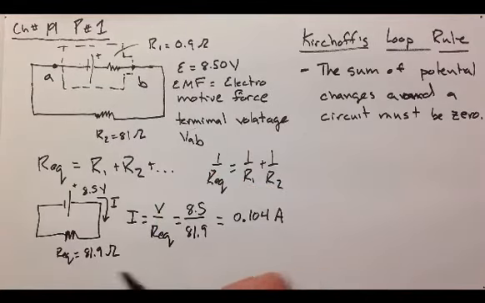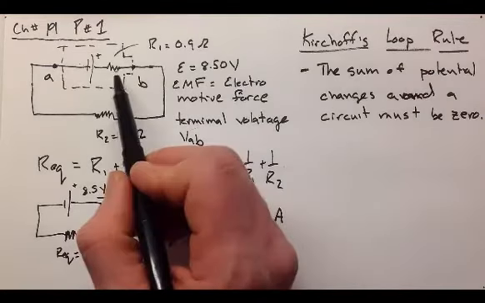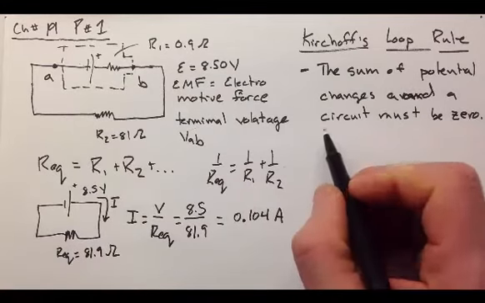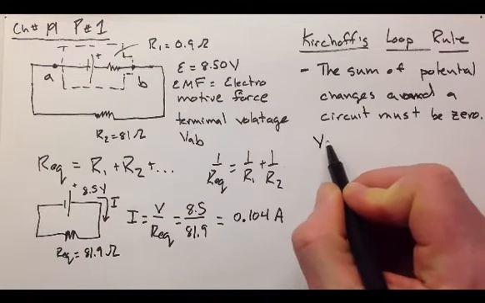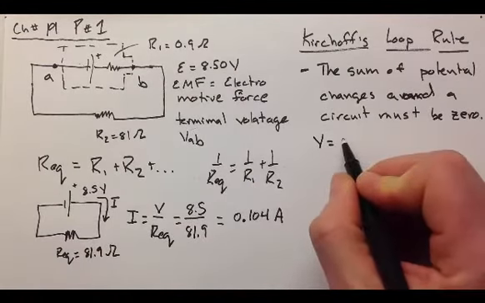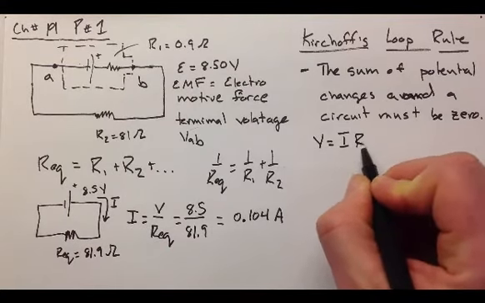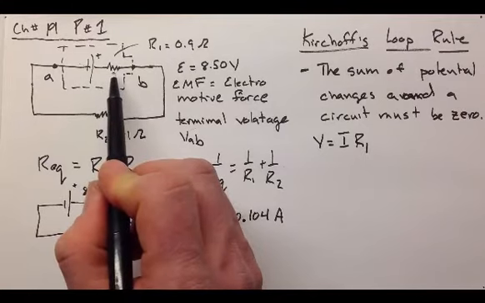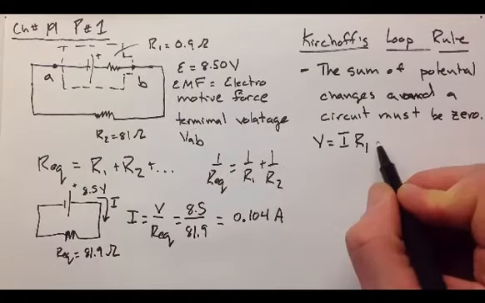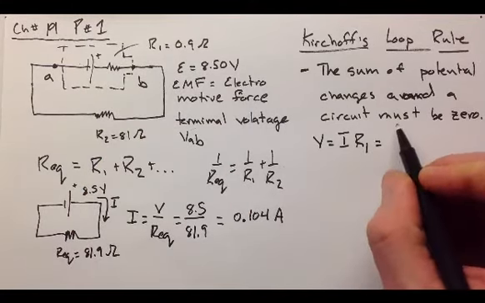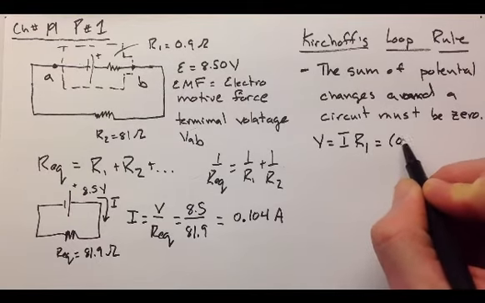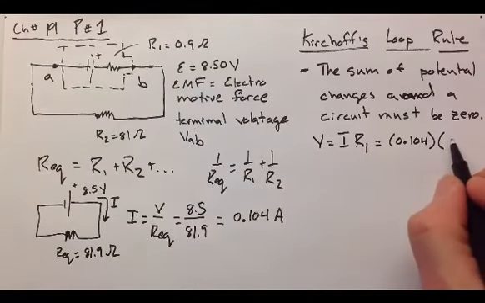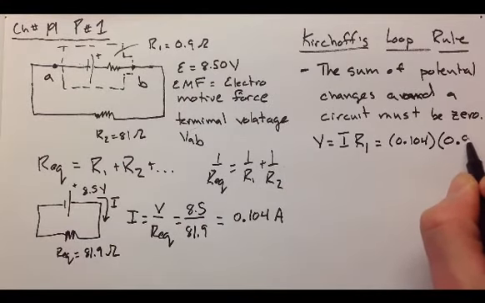All right? So, how do I figure out how much voltage is lost across this little internal resistor? Well, I could do that by rearranging Ohm's law, and this time I'm just going to calculate the voltage drop across this guy, across R1. This would be equal to the current in the circuit, 0.104 amps, times just that resistance, 0.9.